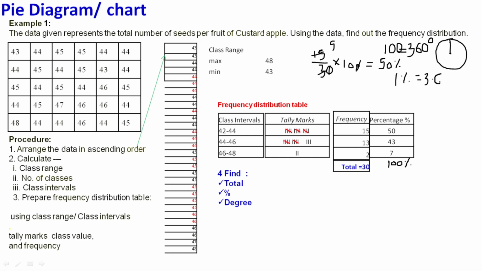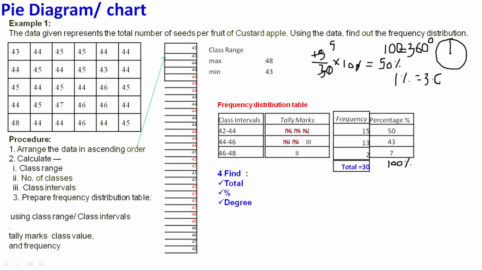Out of 100, 50 is there. So for 360, how much? The figure that comes here is ultimately 50 into 360 divided by 100. You have to use this multiplying factor, 3.6, as the multiplication factor. You have to remember how this factor comes.